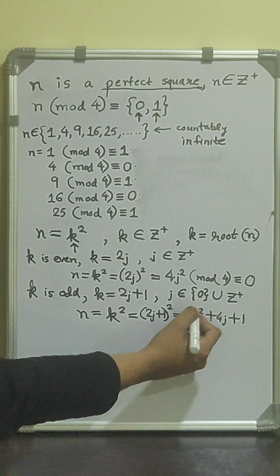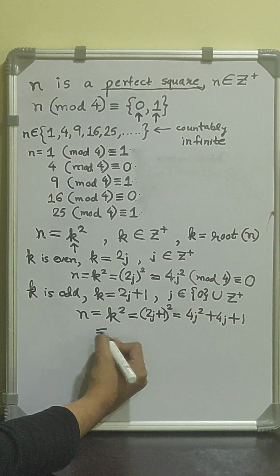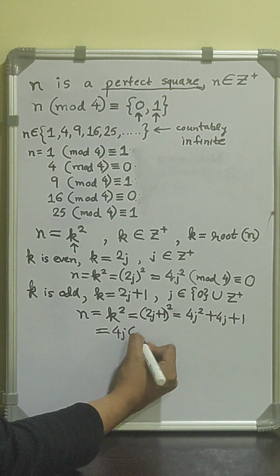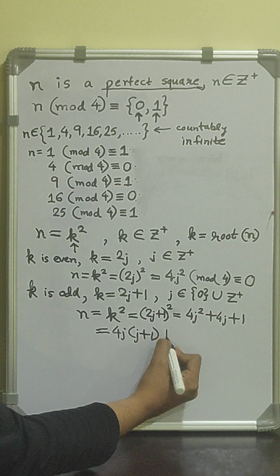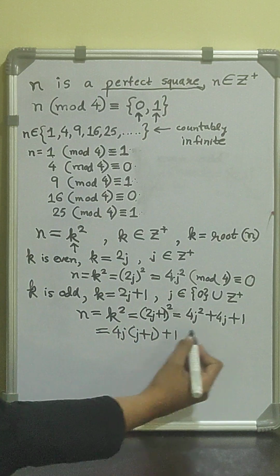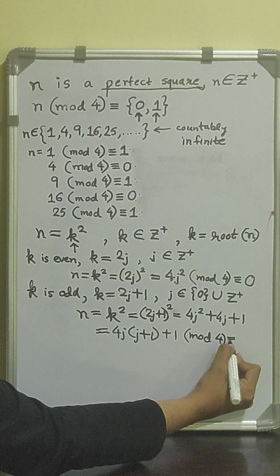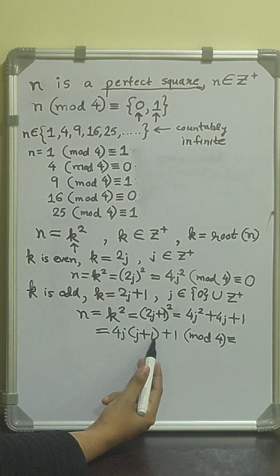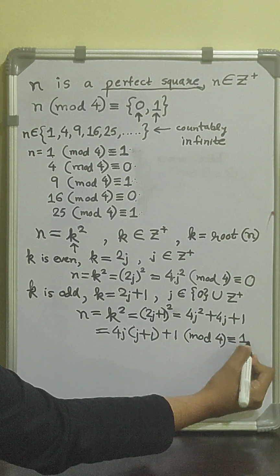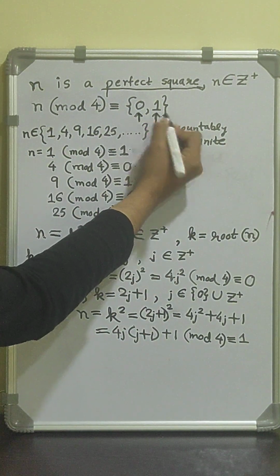Very promising, because I keep on getting these 4's here, and whenever I see 4, that's very convenient for us, because I can then directly factorize 4 and write it in this form, plus 1. Once again, this term directly has 4 as a factor, so when we are doing a mod 4 here, this gets exactly divided by 4, so all we are left with is a remainder of 1. And now we are done, we're perfectly done. This is 0 and 1.